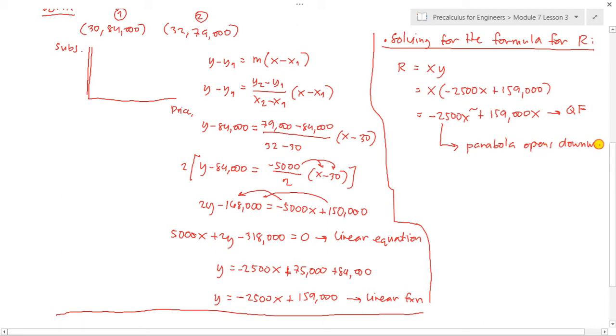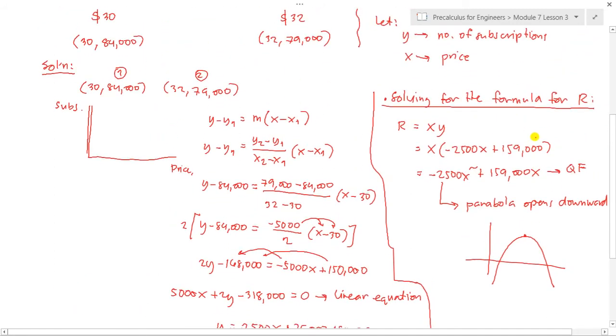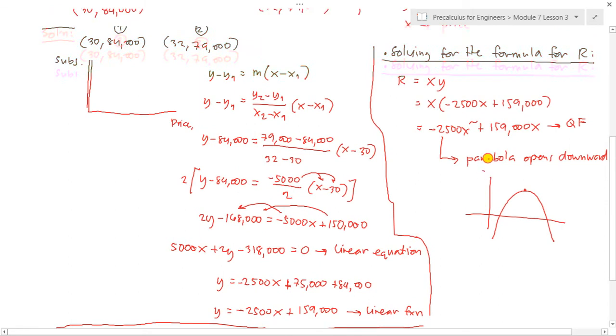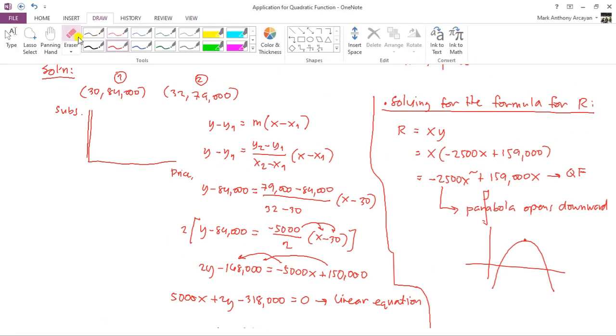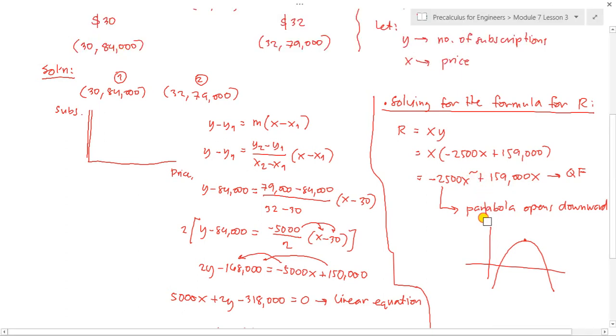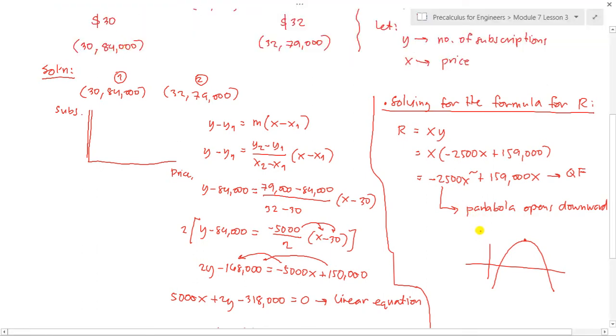Now for a parabola that opens downward, let's say, since we have x and y, wherein our y is the subscription, okay, sorry, let me erase. Since our y is our subscription, we put y here, then x.